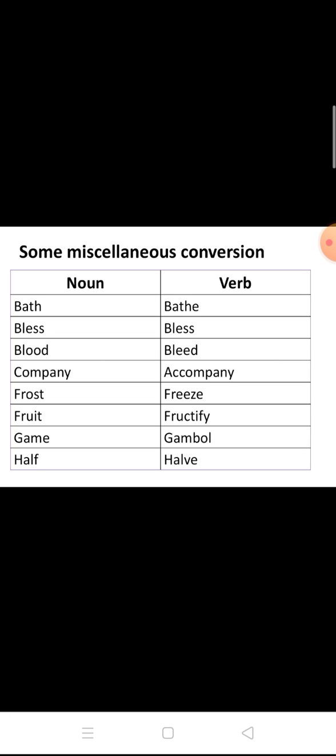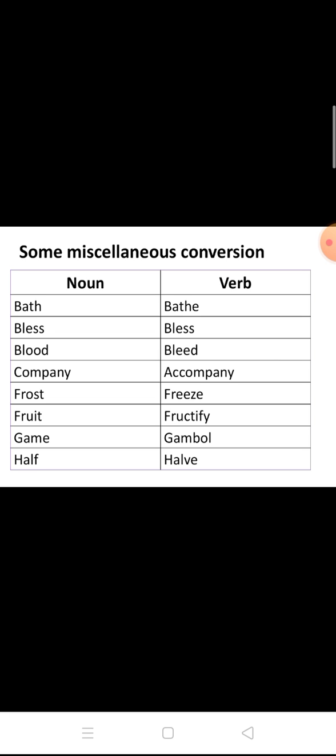So here as you can see, they are not following any certain rule or regulation, or any change is confirmed here. Only, as you can see in the first example, the spelling is same, bath and bathe. The only difference is that if we find e in bathe, that means that is a verb, and if we remove e from that word, it becomes noun.